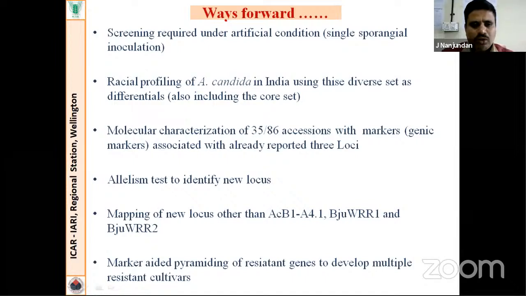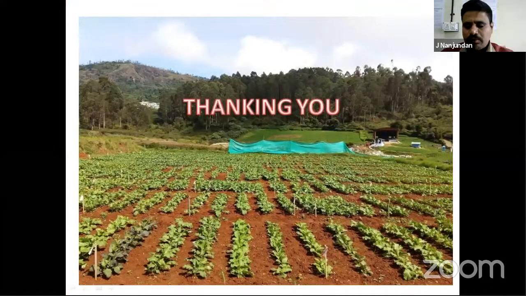Then we want to molecularly characterize these accessions using gene markers, because recently our Delhi South Campus cloned the Donskaja gene based on TIR-NB-LRR markers. Instead of the flanking markers we have been using so far, we want to shift to genic markers for more precision. Then allelism tests to identify another locus, then we have to map, and ultimately marker-aided pyramiding of all the available genes. So this is about our presentation on white rust.